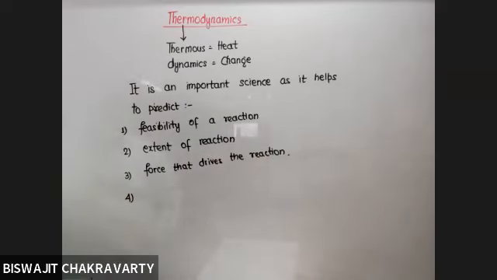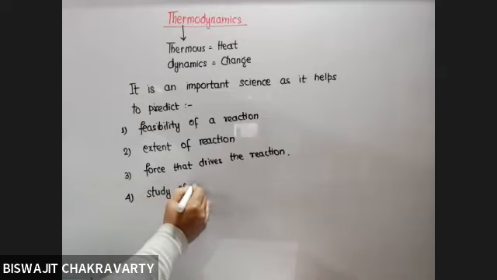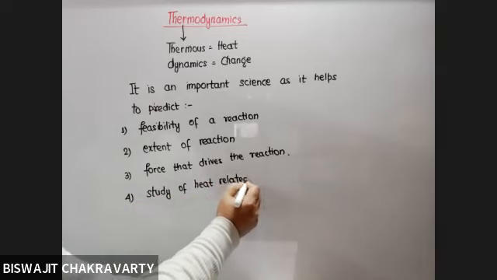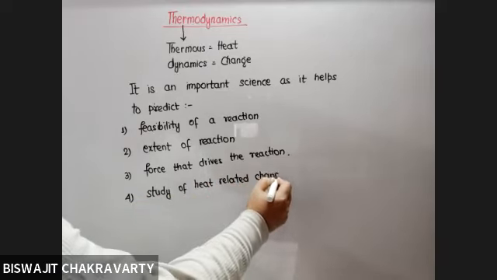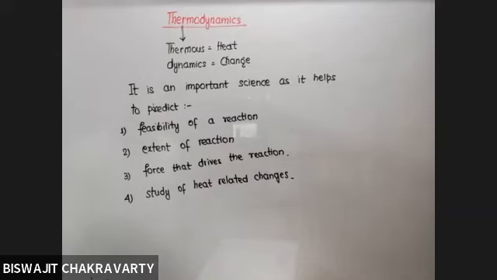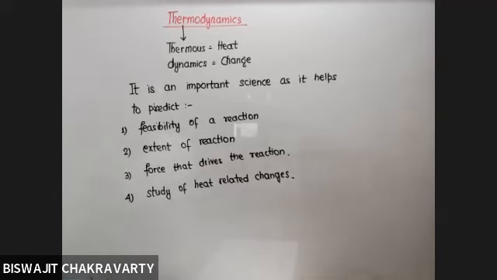And number four, study of heat related changes. Study of heat related changes. So these are some of the important aspects of thermodynamics. So thermodynamics helps us to predict and study these particular things. Write it down so that we can proceed further.